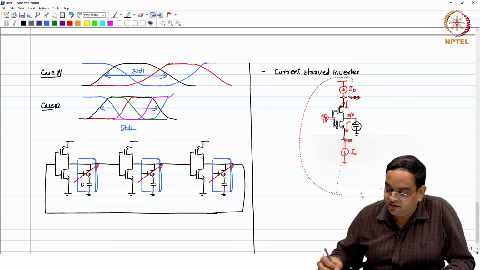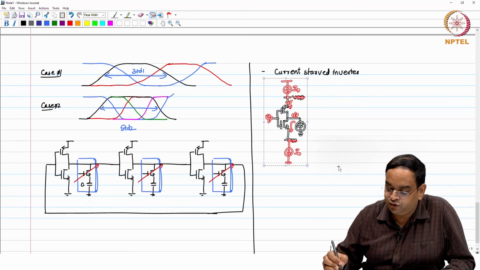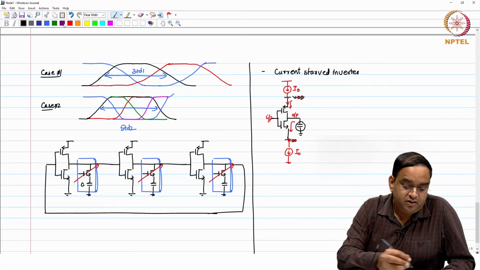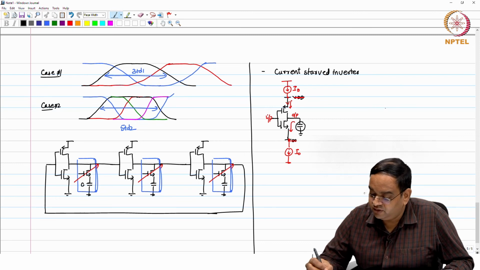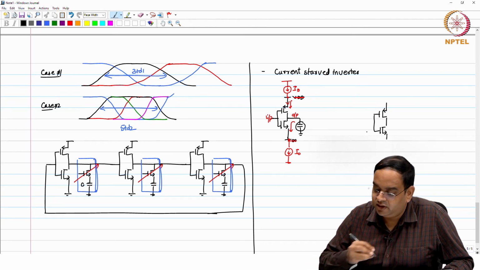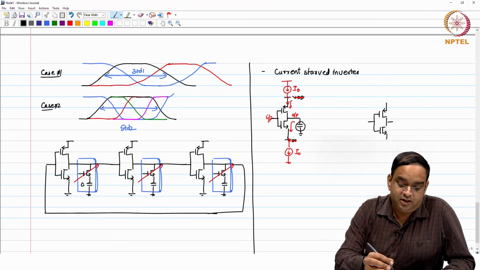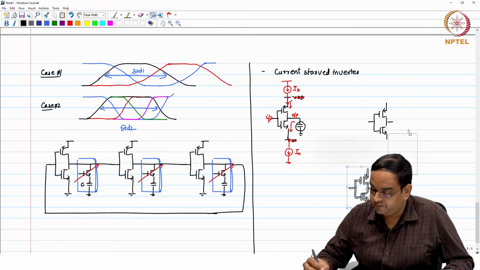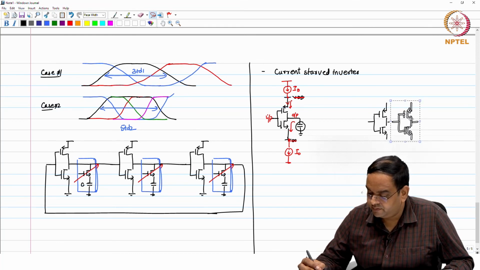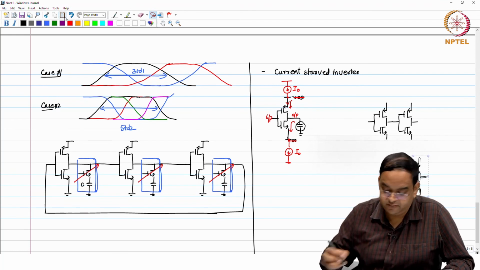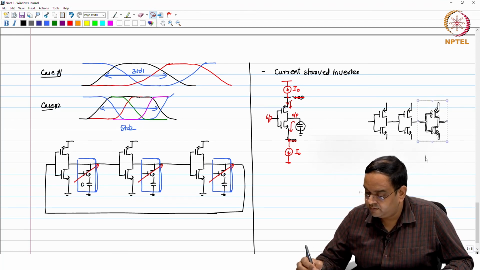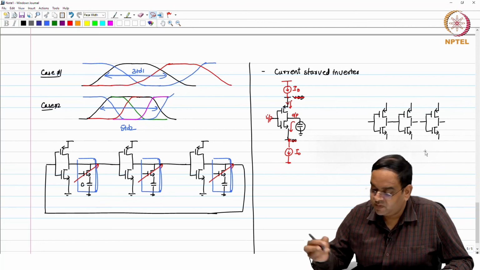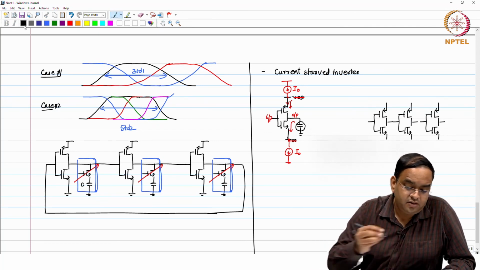So, this is the basic idea behind the current starved inverter. The way I am going to do it is the following. I will take the inverter, like this, and let us take 3 copies of this inverter. Okay, this I can connect, right.